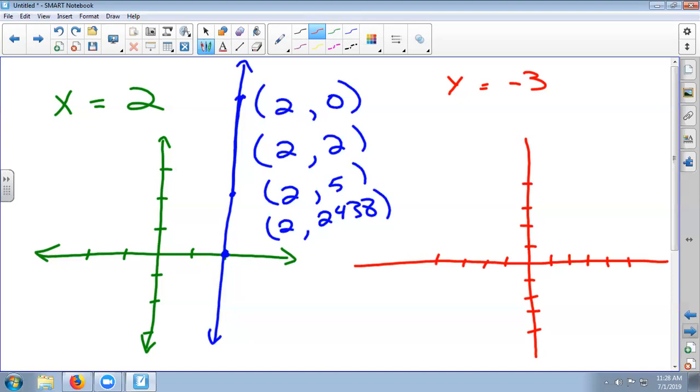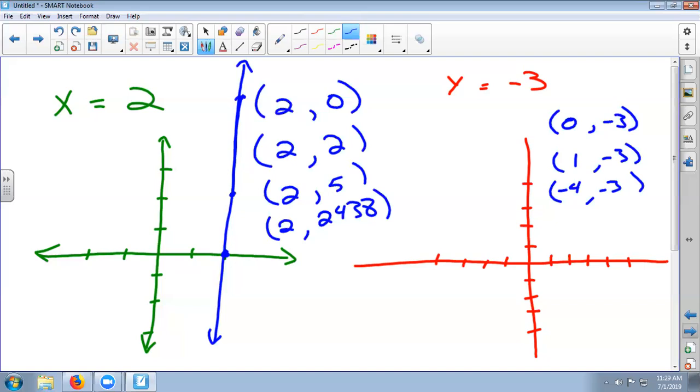Y does not matter what the x is. Y equals -3. Okay, y is -3. What's the x? Doesn't matter. But y is -3. The x simply does not matter in this equation.